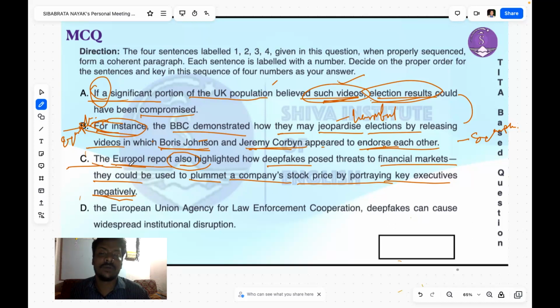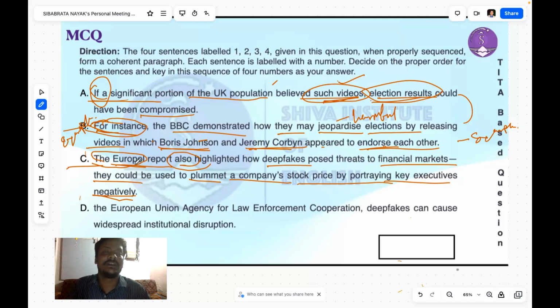If you observe, it is clearly stated that the Europol report also highlighted. It means Europol has given a report earlier, and on the basis of that report, certain incidents or certain impacts could occur.